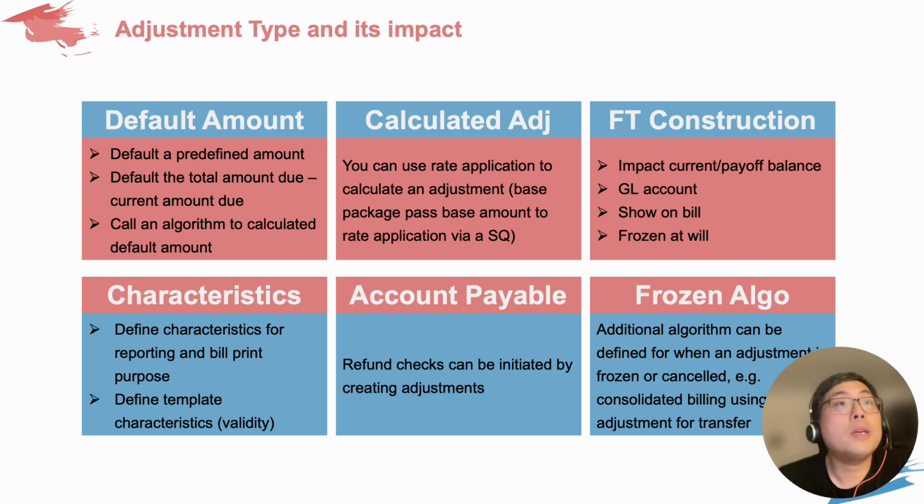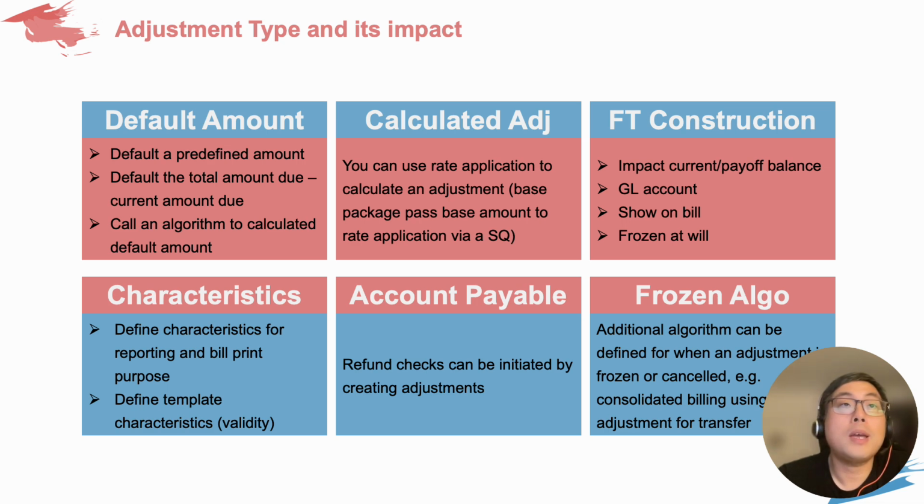And then characteristic. For characteristics, there are two types of characteristic for adjustment type. The first one is characteristics used for reporting and the bill print, for example. And the second one is template characteristic. I probably haven't talked through template characteristic, but very often you will see some of the type objects have this concept.